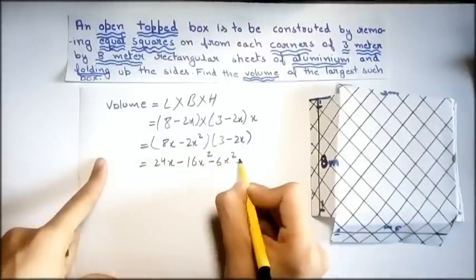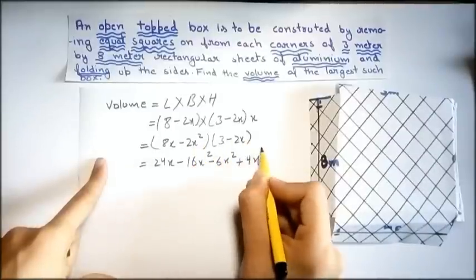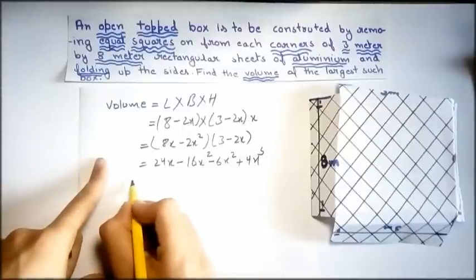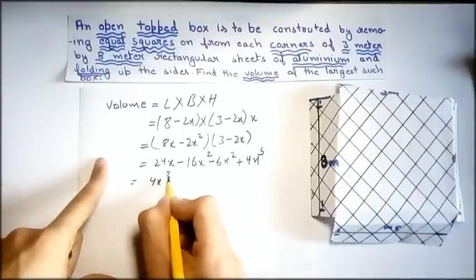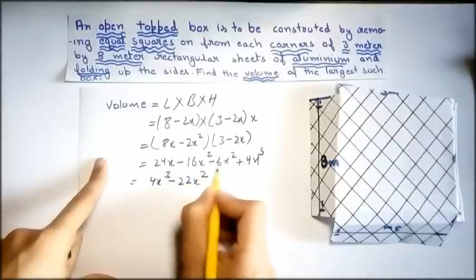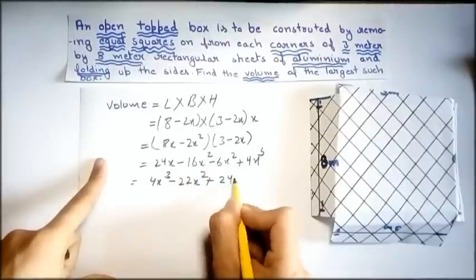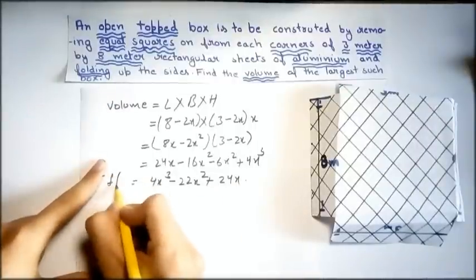Then this: plus 4x cube, and after this 4x cube minus 22x square plus 24x. So this is our function.